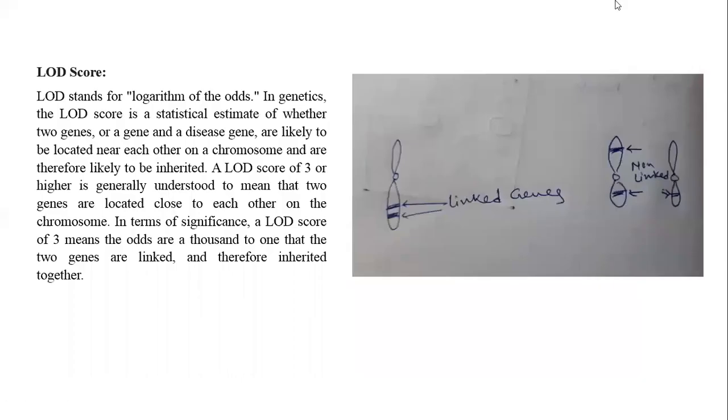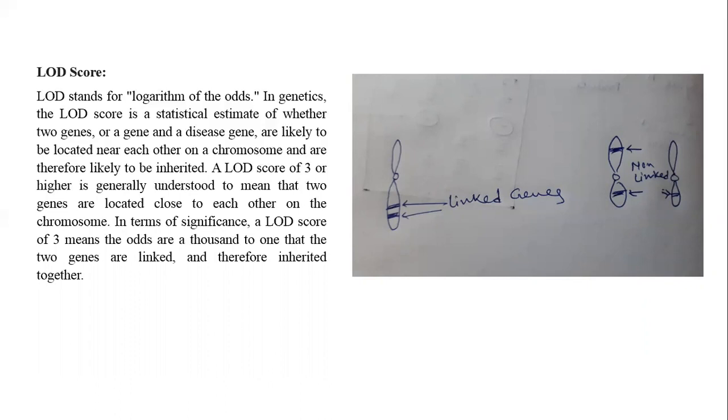Now come to the next point, that is LOD score. I previously told that LOD score is the acronym of logarithm of odds. In genetics, the LOD score is a statistical estimate of whether two genes are likely to be located near each other on a chromosome and therefore likely to be co-segregated.